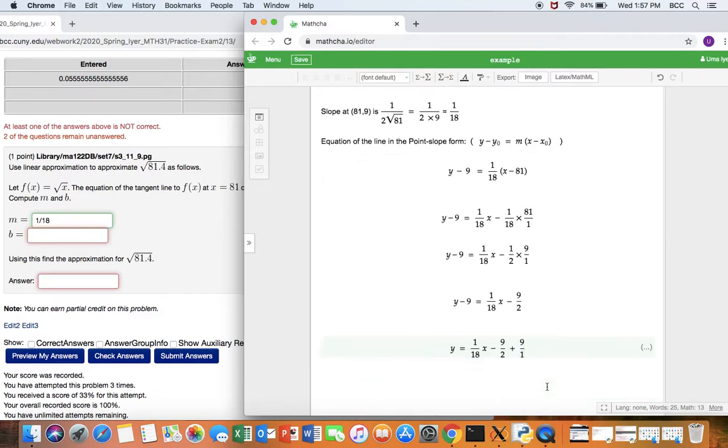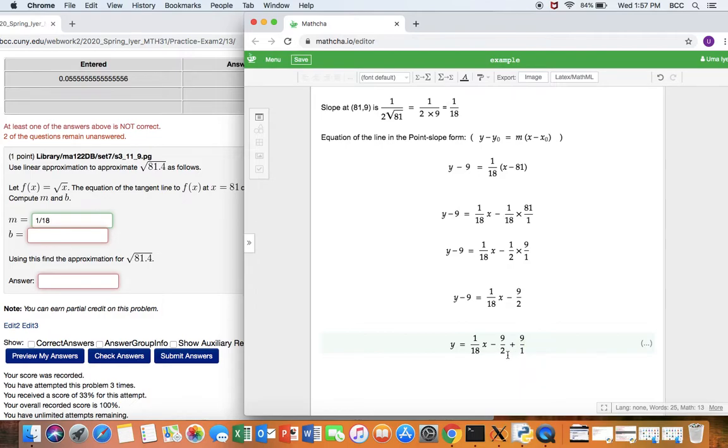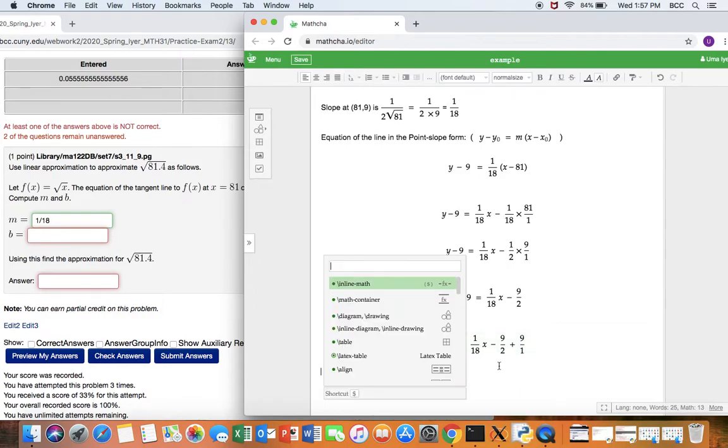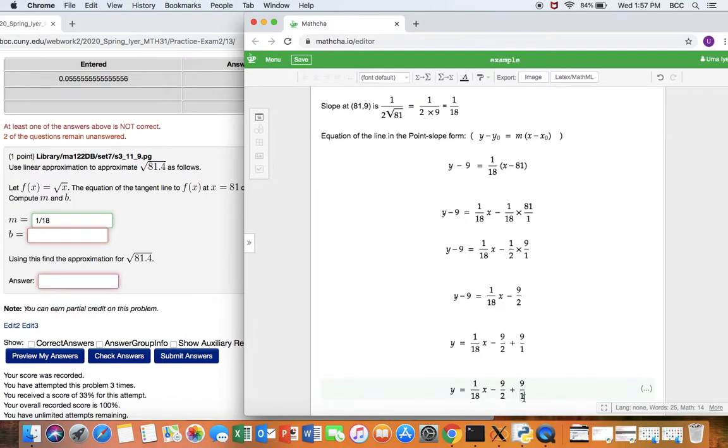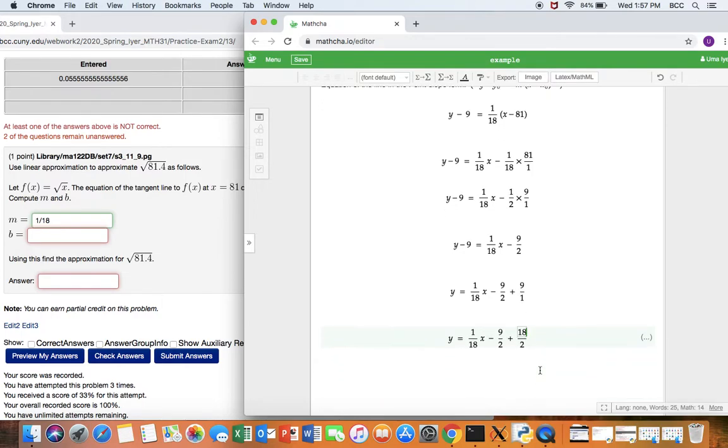Okay. So notice what this means. I need a common denominator here. So let me cut and paste. Okay. So 9 over 1 can be written as 18 over 2. You see, common denominator of 2. So negative 9 plus 18.